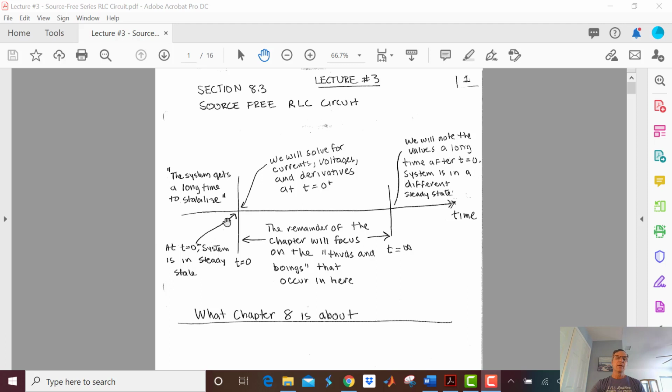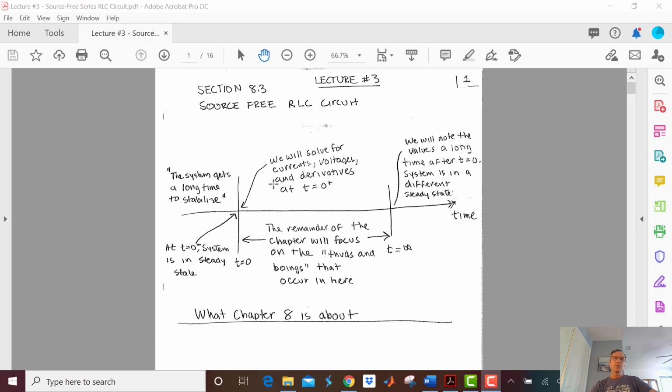At t equals 0, we look just slightly to the left and we see t equals 0 minus. That's right before the topology of the circuit changes, because the topology changes at t equals 0 when we turn a source on or off or close a switch or something like that. But before t equals 0, up to and including t equals 0 minus, the system is in the steady state.